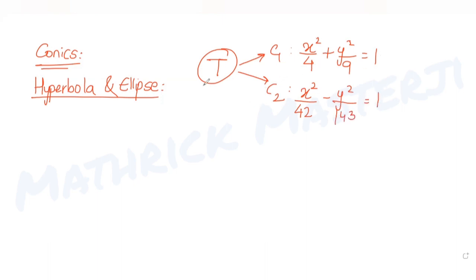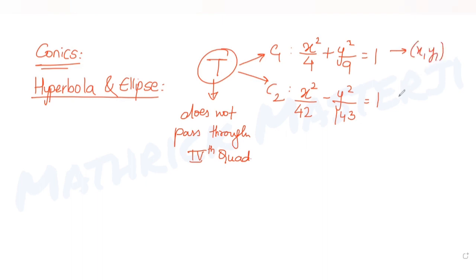That tangent does not pass through the fourth quadrant. Further, the question tells us that if that tangent T touches curve C1 at (x1, y1) and curve C2 at (x2, y2), then we are asked the value of mod of 2x1 plus x2.